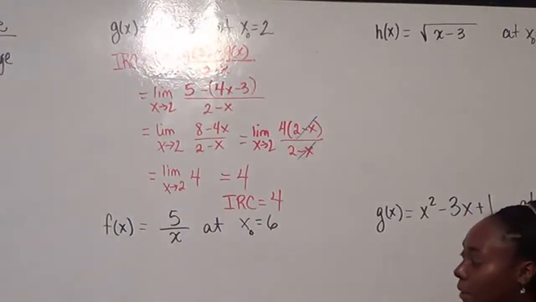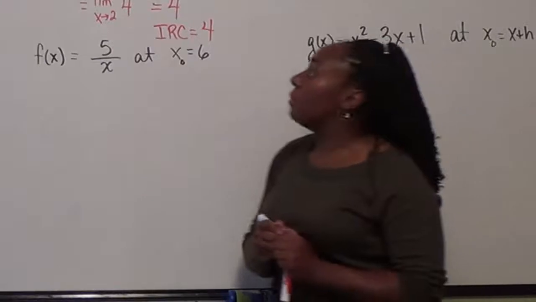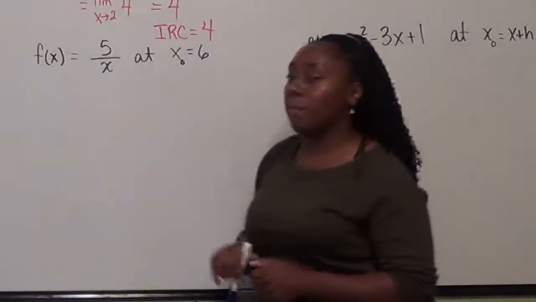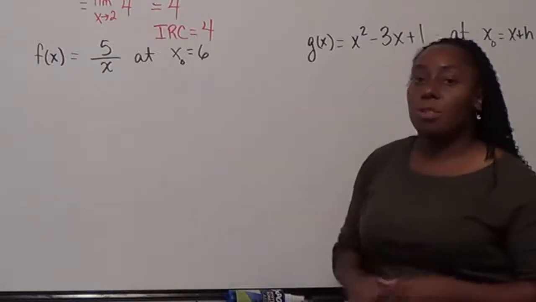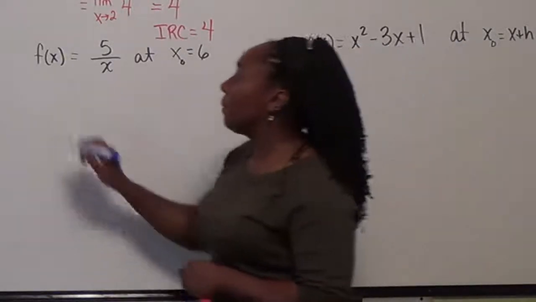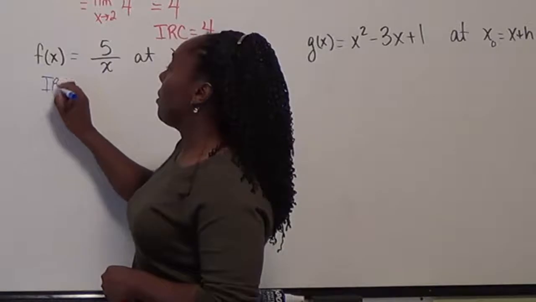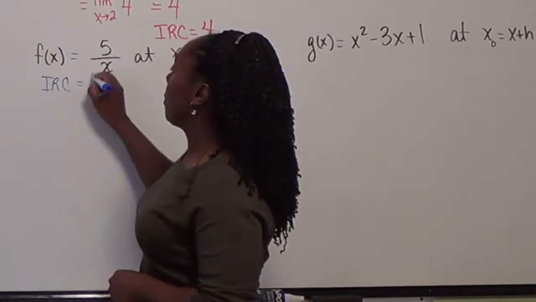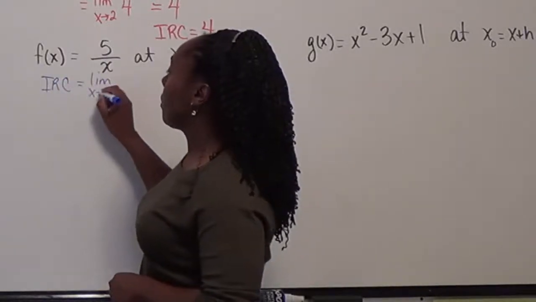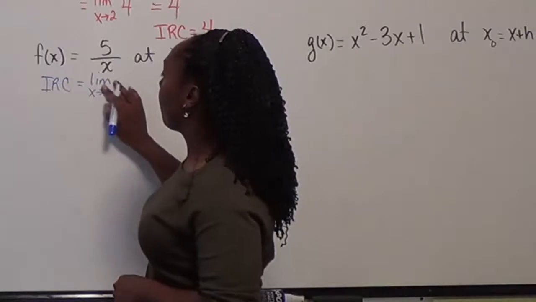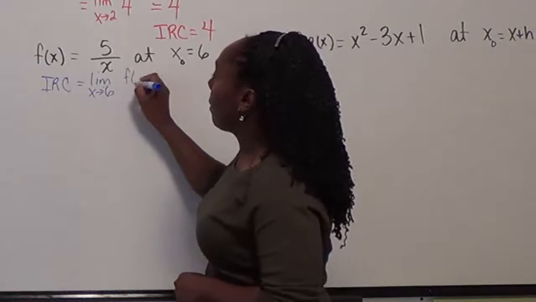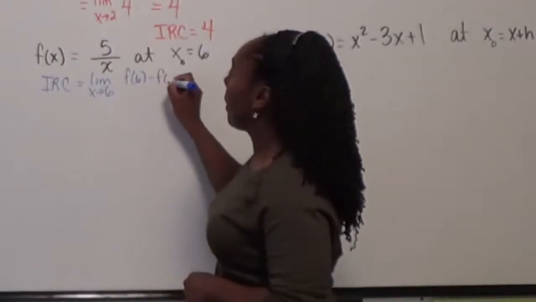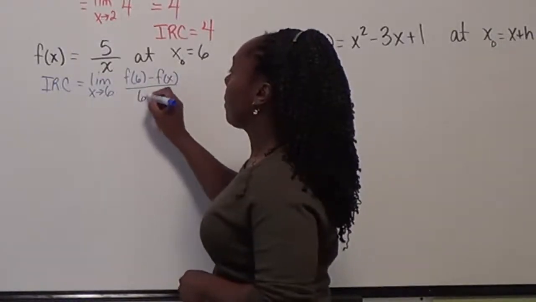Let's look at another example. Let's look at f of x equals 5 over x, and the point where we want to find the instantaneous rate of change is 6. So here our instantaneous rate of change is going to be the limit as x approaches 6 of f of 6 minus f of x all over 6 minus x.